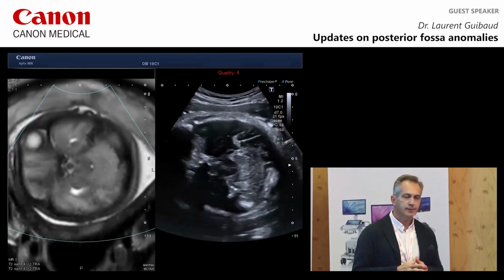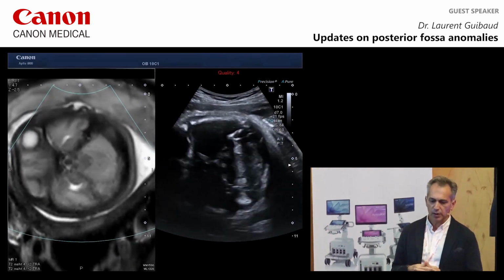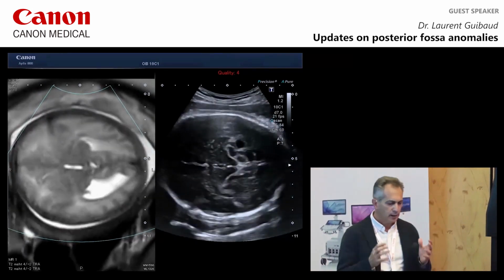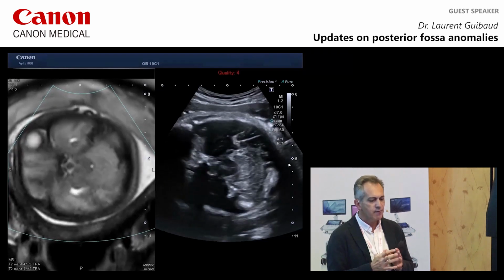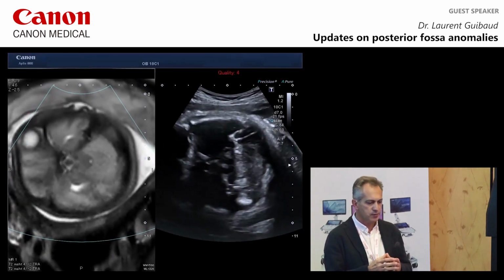case. And when I discuss with a student about Chiari malformations, it's difficult to understand why in Chiari malformations, it's very difficult to analyze the posterior fossa.